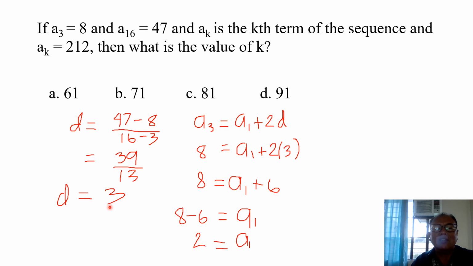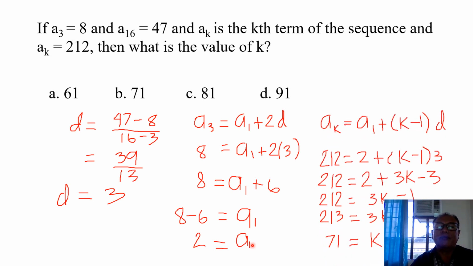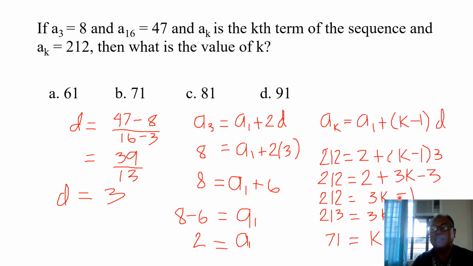We got a while back that the value of d is 3, so we are going to replace here. So that is 2 times 3 is 6. And then we are going to use the addition property of equality on both sides. So we have 8 minus 6, and 8 minus 6 is equivalent to 2. And that is our first term. So we can now solve for k.